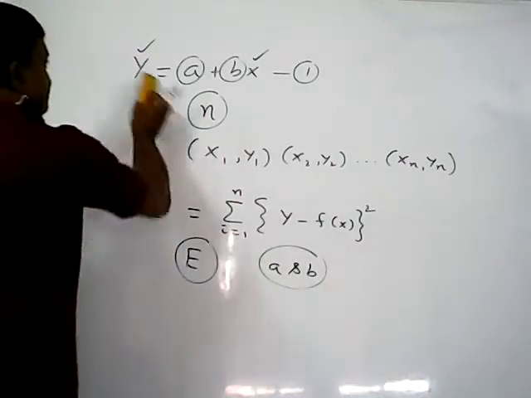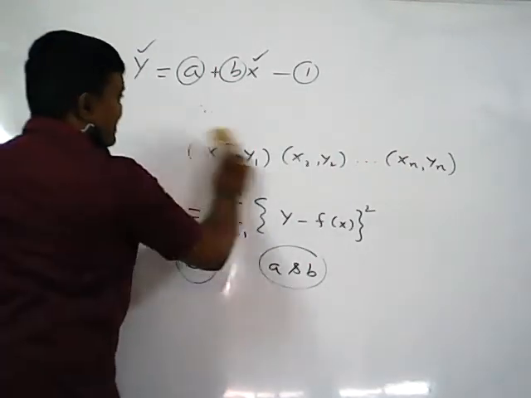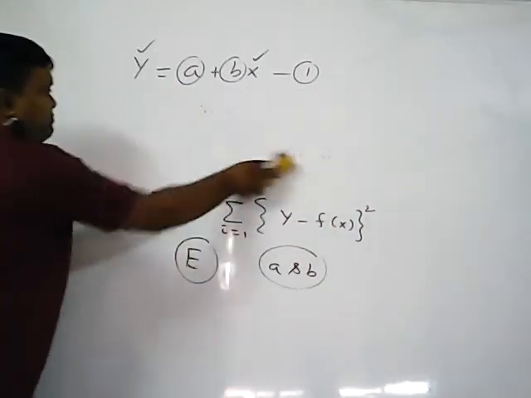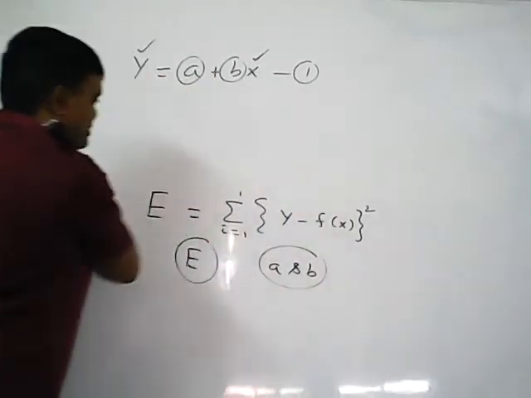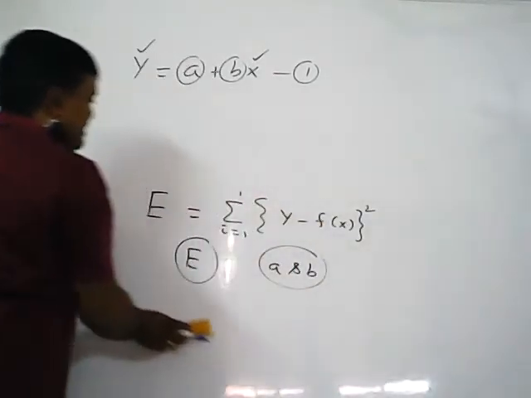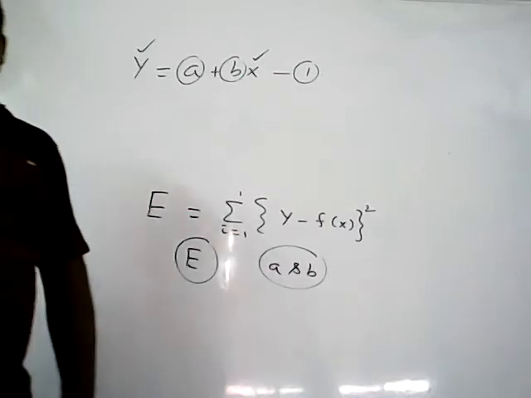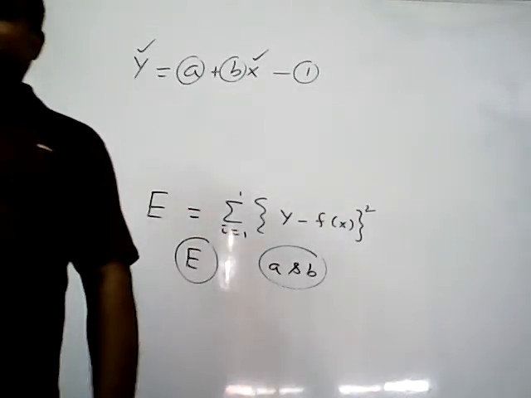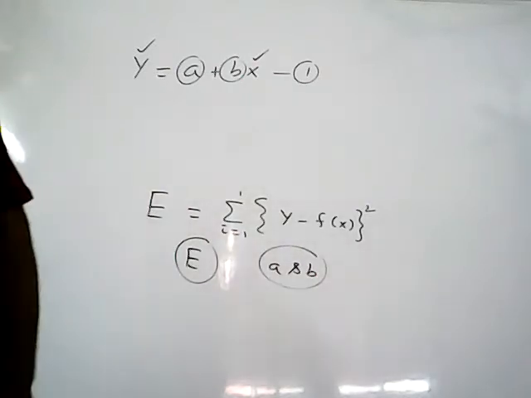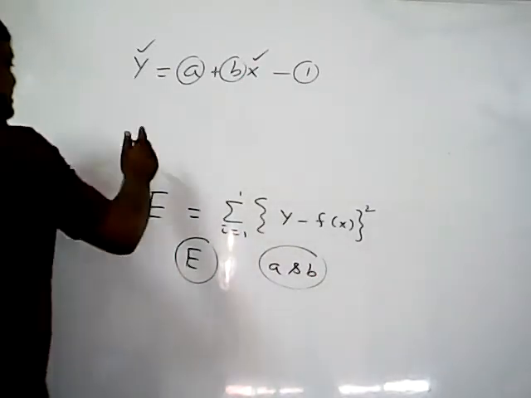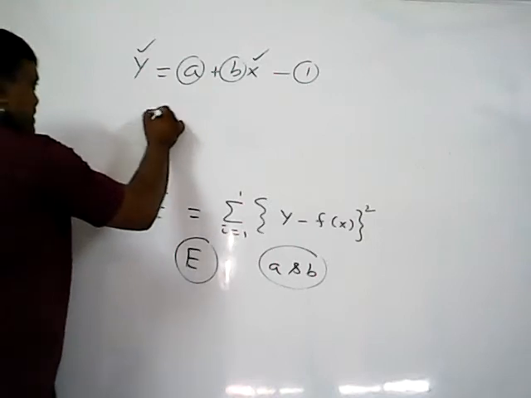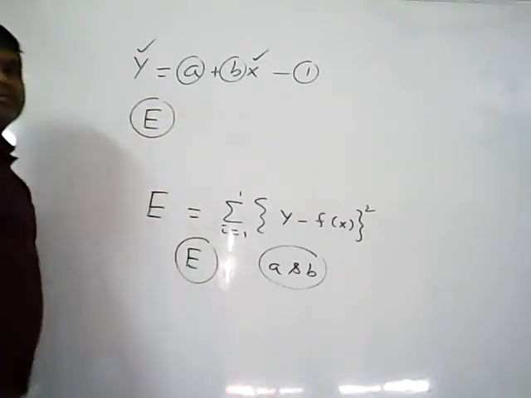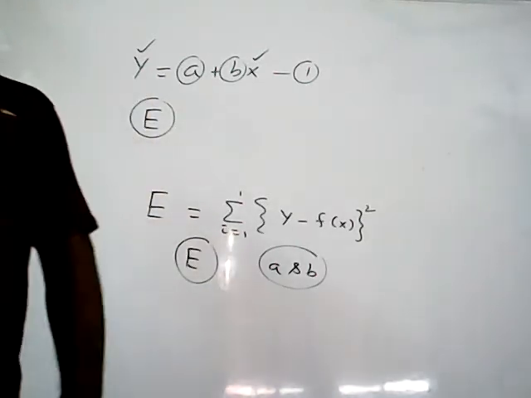From the principle of maxima and minima, the partial derivatives of capital E with respect to the constants.